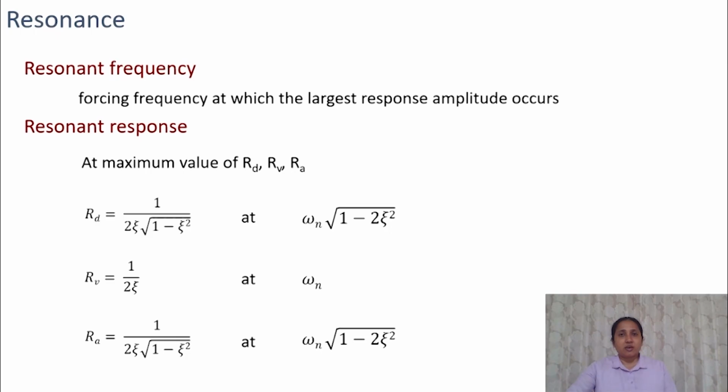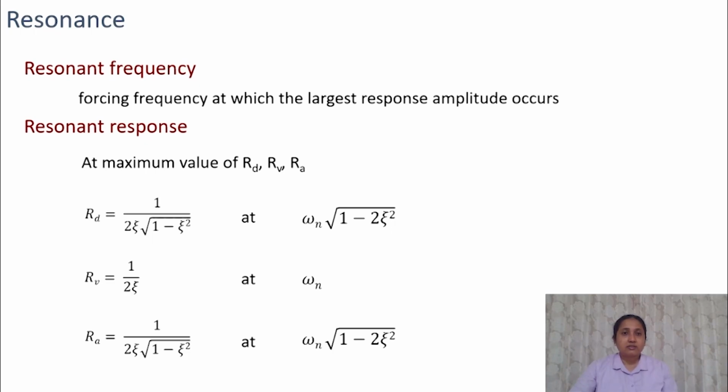Because of damping, it will be bounded. So we can say that resonance occurs when the response is maximum. The response is maximum when the forcing frequency is near the natural frequency. It need not be equal to the natural frequency.